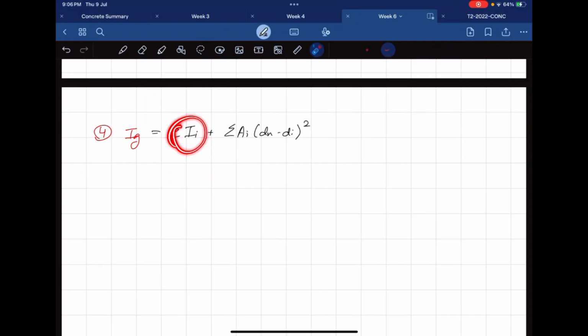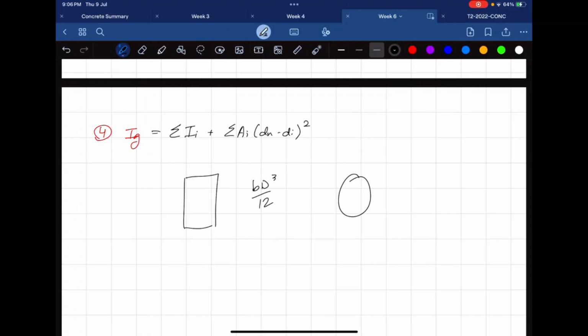We're taking a look at each individual component separately, and we're taking the inertia about its centroid for each component. For example, for a rectangular block, it's going to be bd cubed on 12. For a circle there's a formula, but you're never going to deal with a circle, even though your bars here are circular.